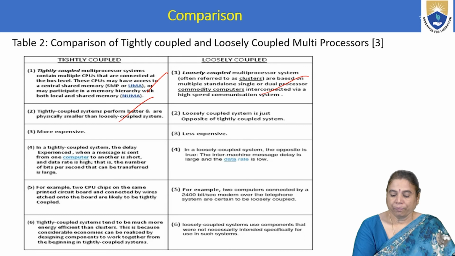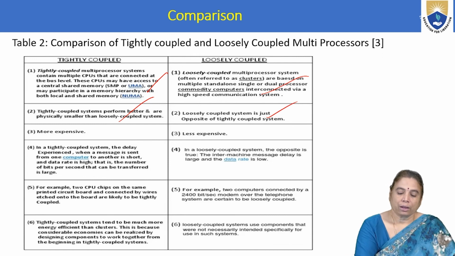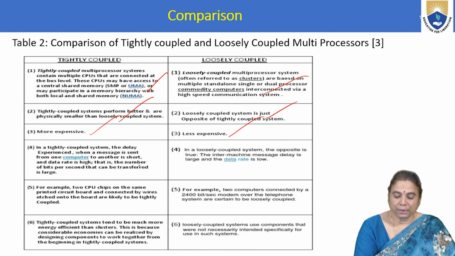As a contrast, the loosely coupled system is just the opposite of the tightly coupled system, so the performance can be low in the loosely coupled system. The cost is expensive in the case of the tightly coupled system, and it is less expensive in the case of the loosely coupled system. In a loosely coupled system, delay is experienced. Why?